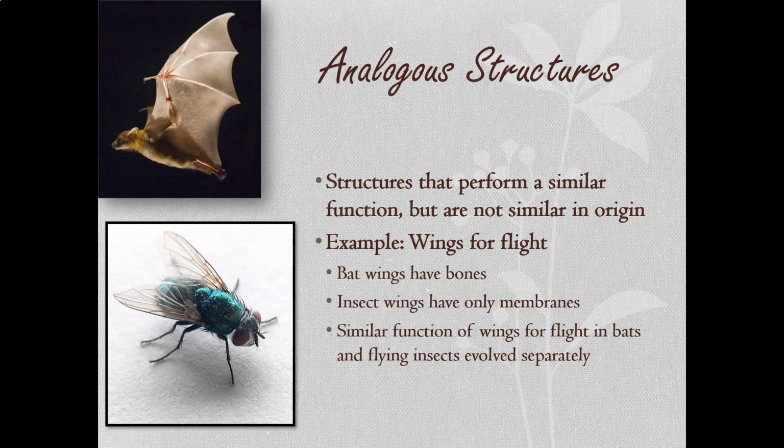So they're similar for the flight function, but the wings themselves independently and separately evolved in the lineages of these two species. So go back to those terms, convergent evolution versus divergent evolution. And when we look at homologous structures, that is divergent, right?